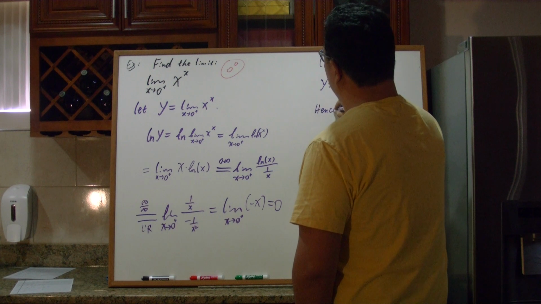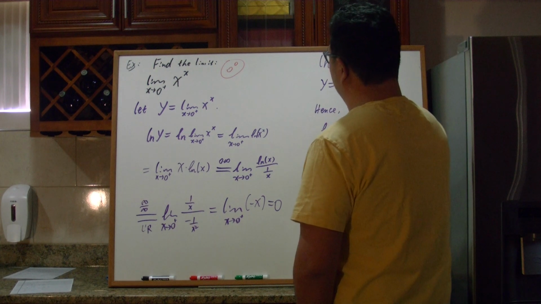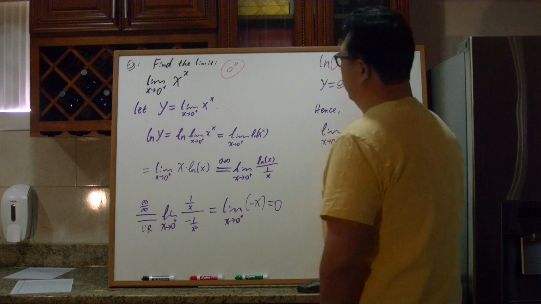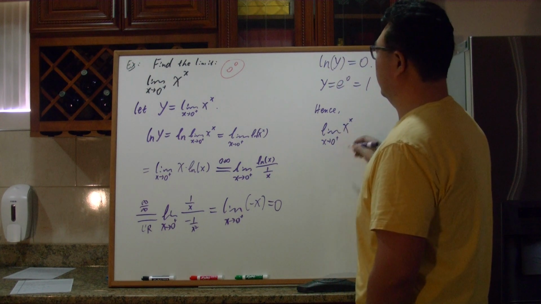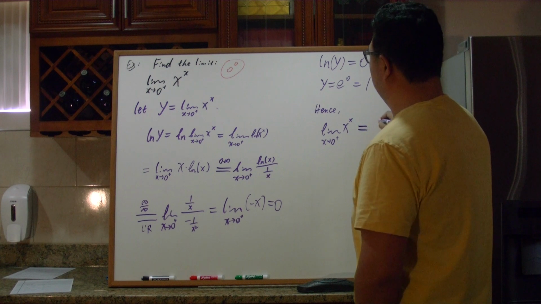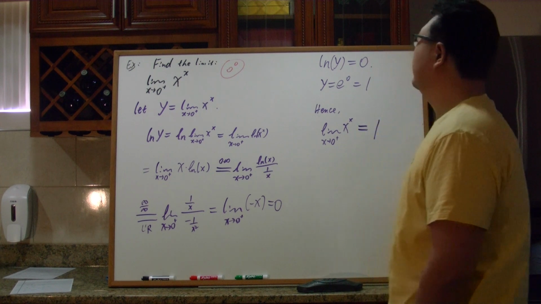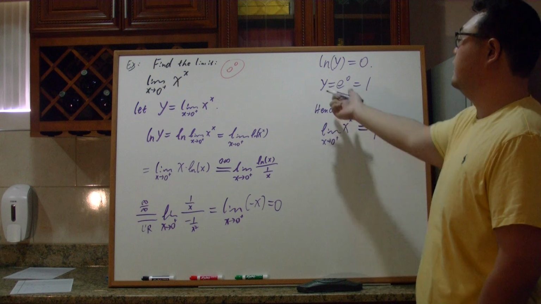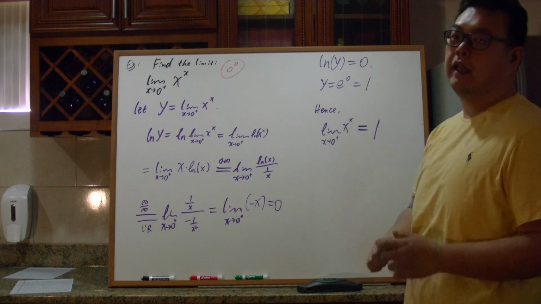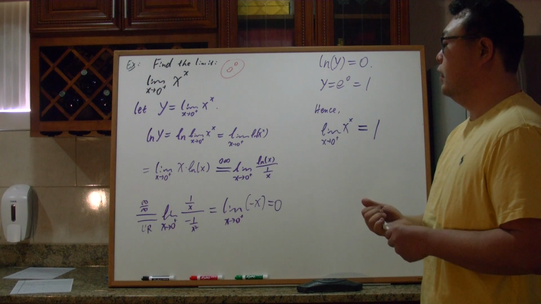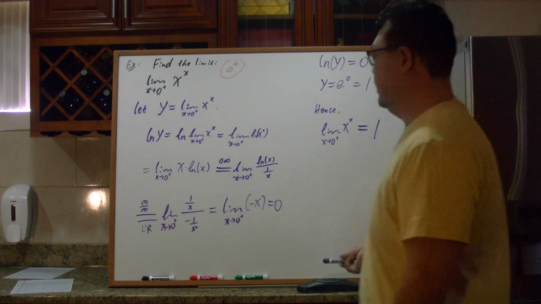Hence, y is the limit as x approaches 0 from the right of x to the x power, which is 1. If you want to write in one line, you could say y equals this thing, equals e to the 0, equals 1, or in two lines, it doesn't matter. Let's just be clear about what we're doing.